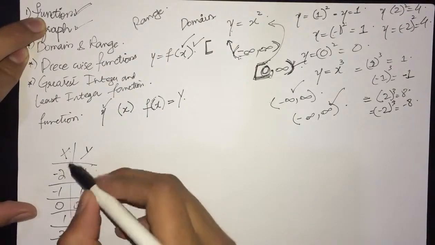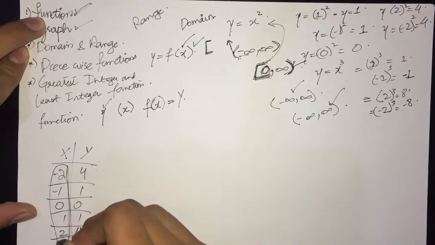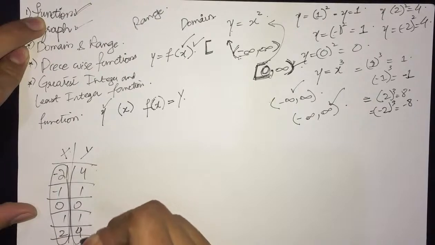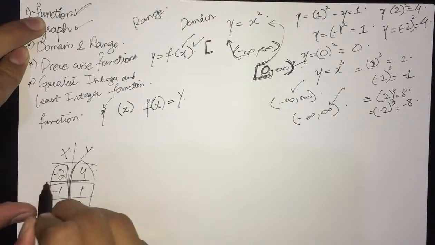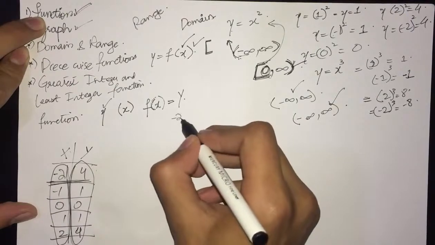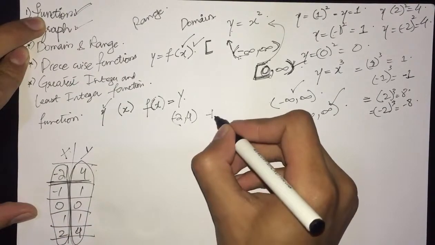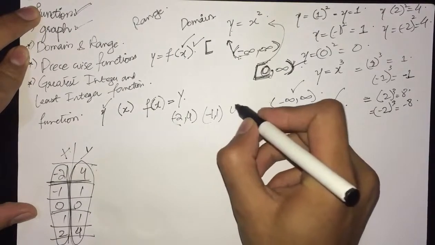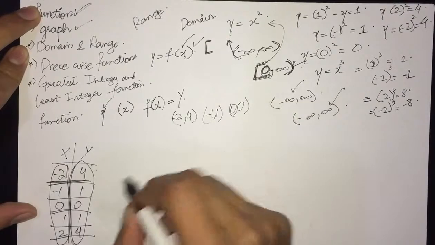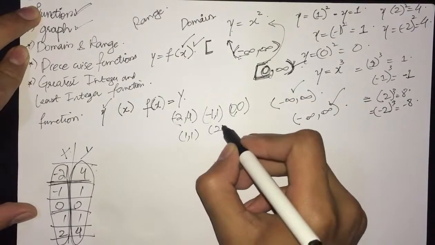So these will be our x coordinates, and these will be our y coordinates. Our first coordinate is minus 2, 4. Our second is minus 1, 1. Our third is 0, 0, which is the origin. Our fourth is 1, 1, and our fifth is 2, 4.